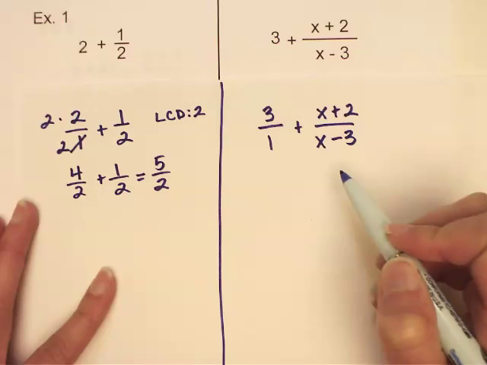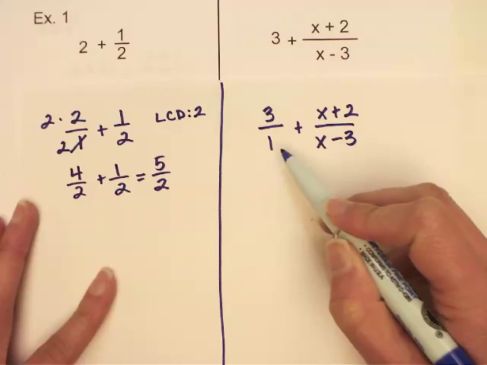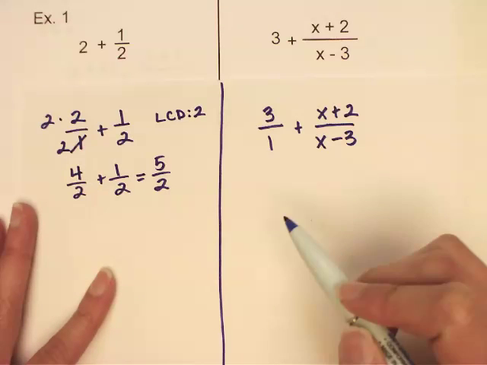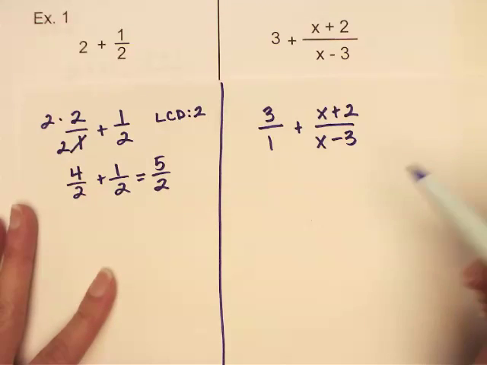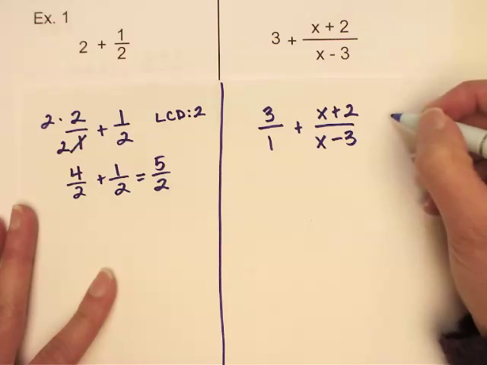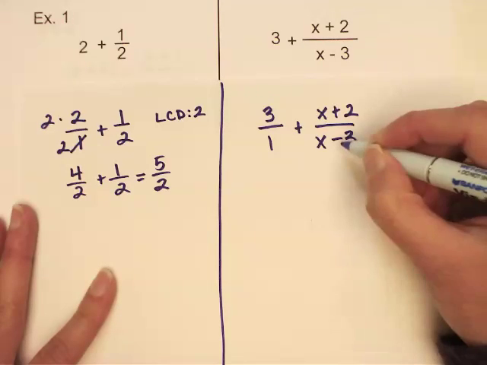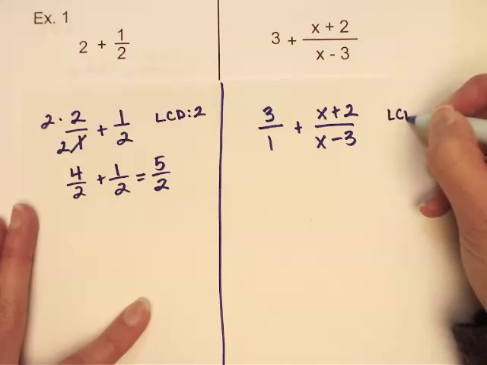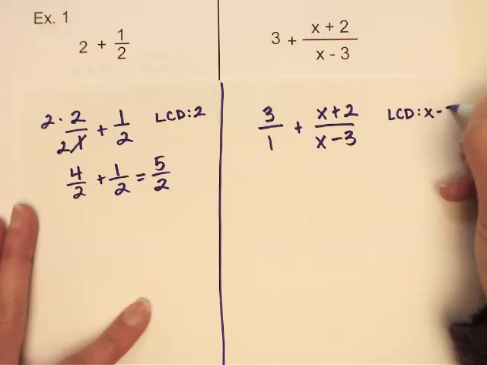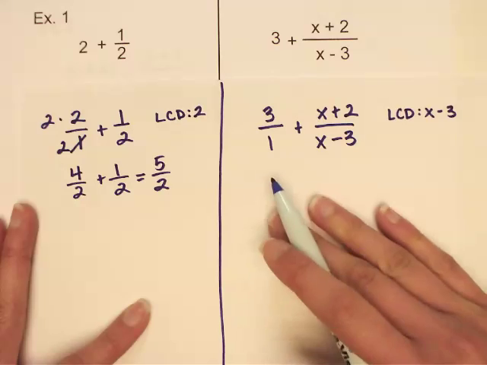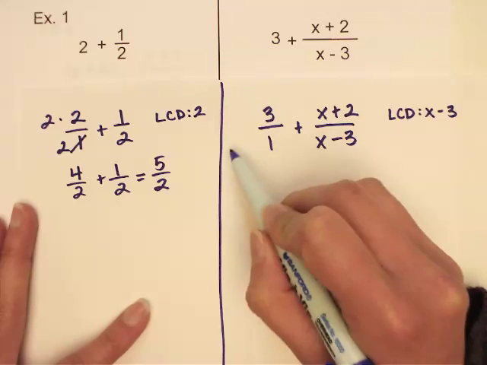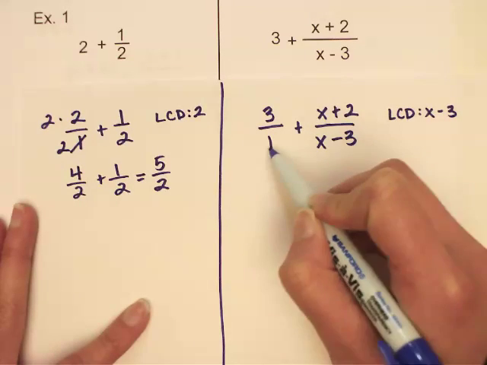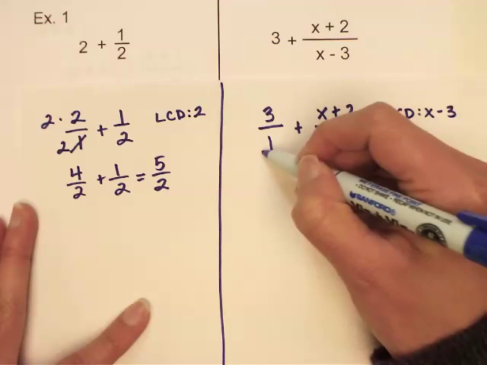So we have to make sure to change one of these fractions, or both, so that they have the same denominator. So if we find the lowest common denominator, in this case it would be x minus 3, we would have to multiply both the numerator and the denominator by x minus 3.